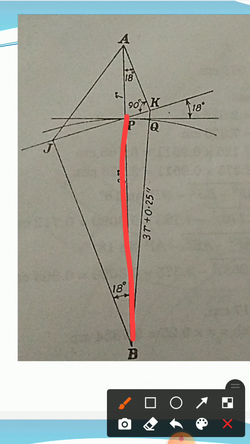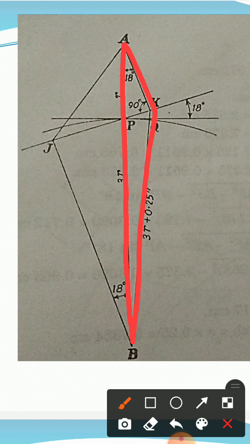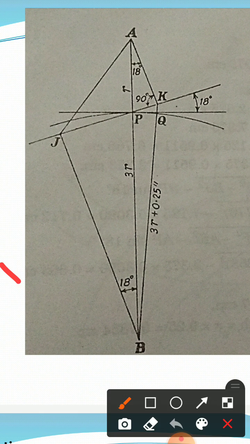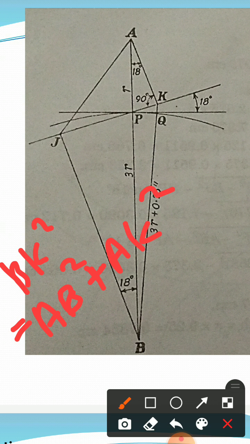So we consider this total triangle. With this triangle we can write B2K square is equal to AB square plus AK square minus 2 into AB into AK into cos of the angle included between these two lines.